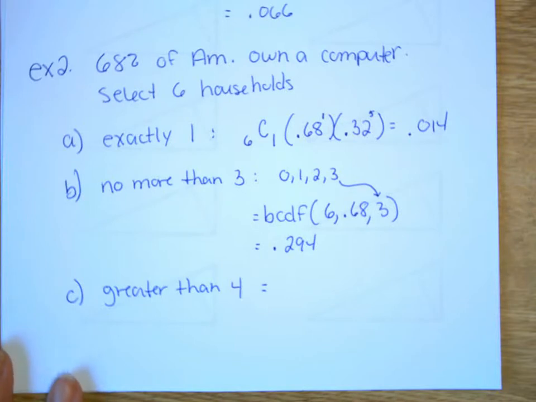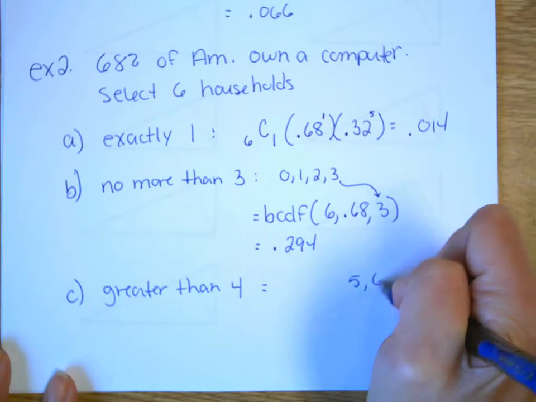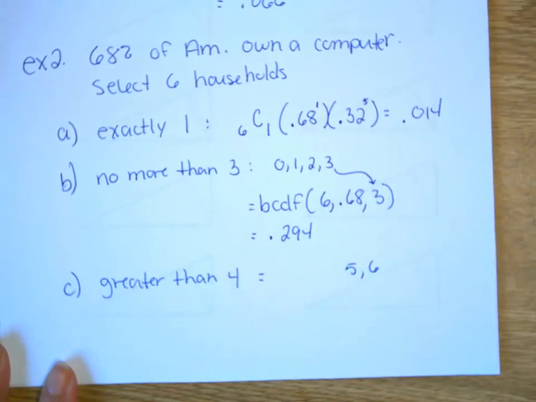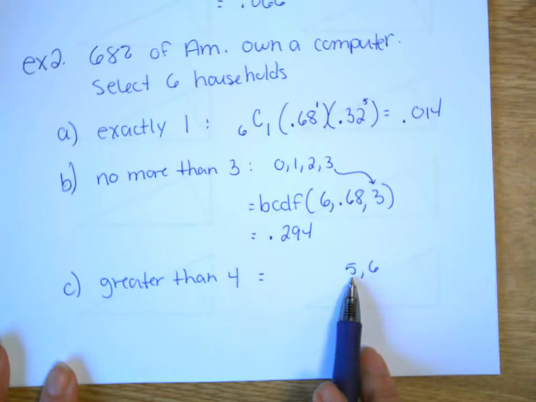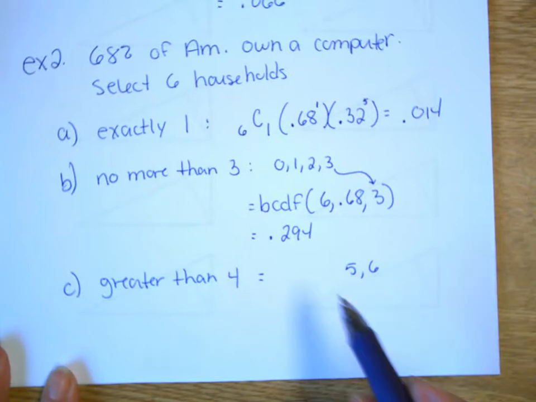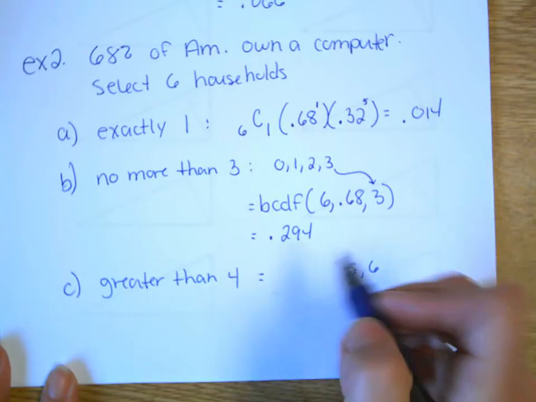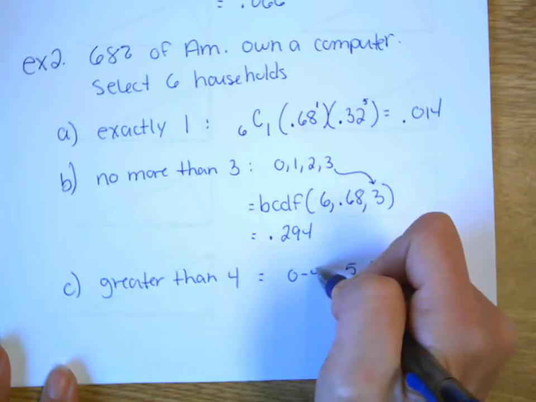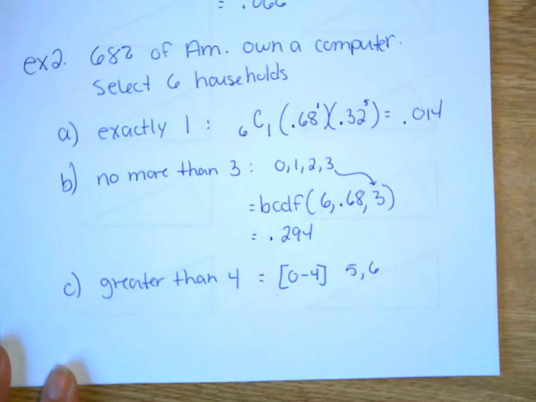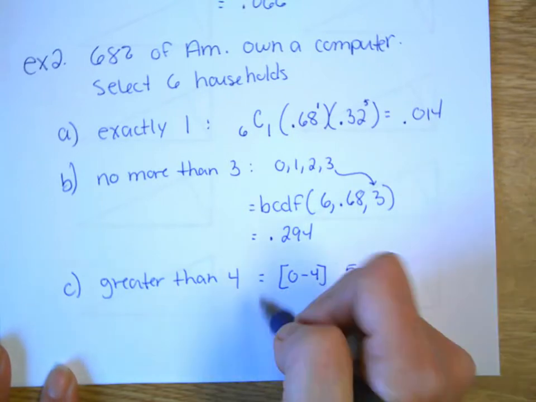So what am I looking at getting? 5 and 6. I want 5 and 6. I can't get the CDF to start adding at 5. So this is one of those 1 minus business. What's the chunk I don't want? 0 through 4 is what I want to subtract off. I can get CDF to add 0 through 4.